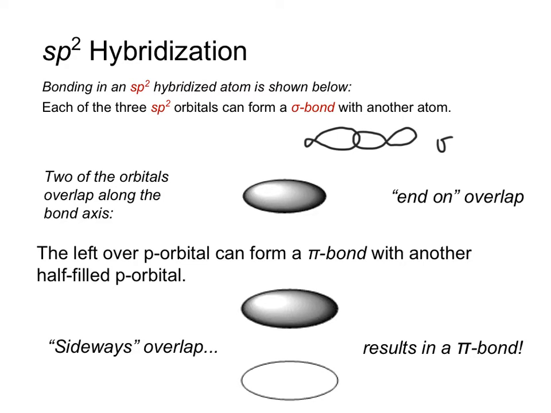We could have, however, also a case where we have 2 p orbitals in a sideways overlap, and we're now going to form a bond like this between the two. That then will result in our pi bond.